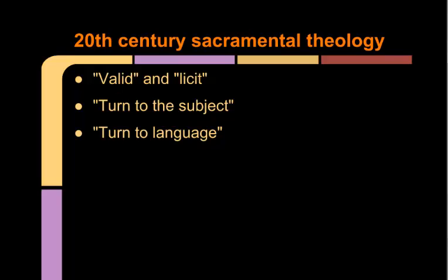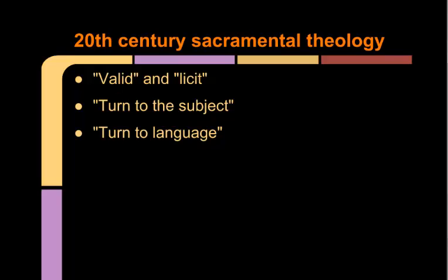After that, beginning with Rahner, but especially in the 1970s, 80s, and 90s, we see what we might call the turn to language. And in this class, you'll see that with Louis-Marie Chauvet, with Nathan Mitchell, and some of the other writers that we read later on in the semester, well, in the three weeks.